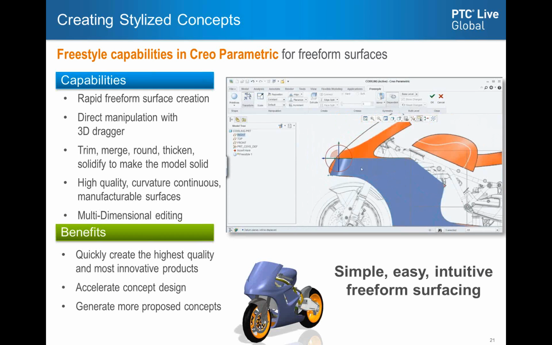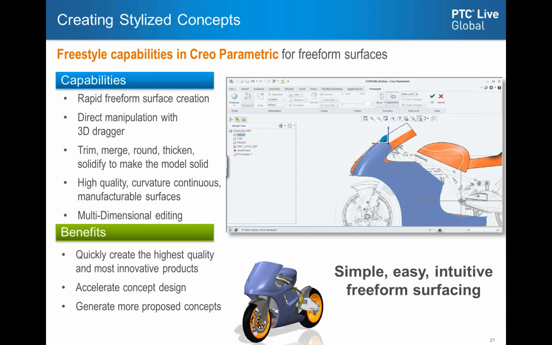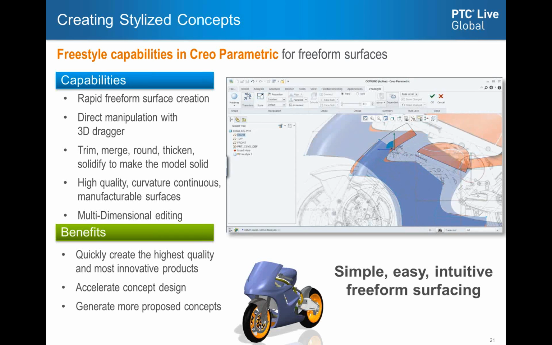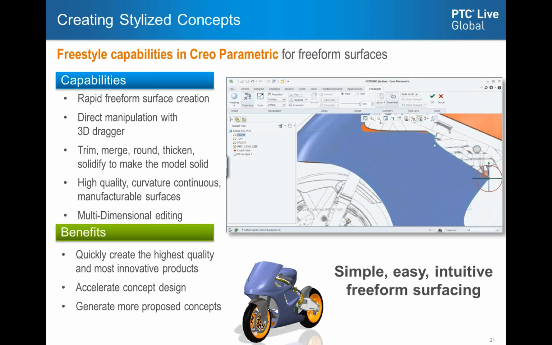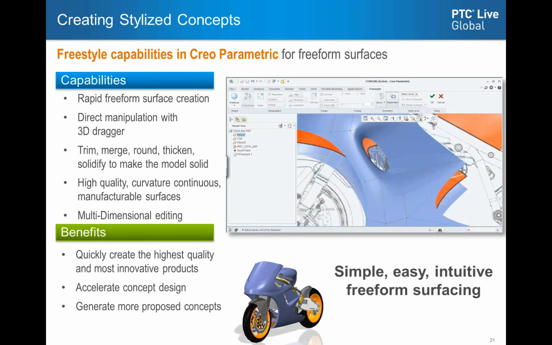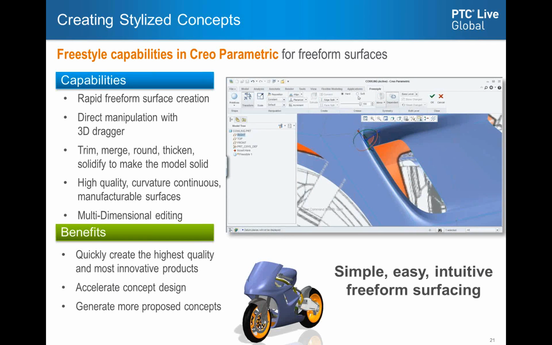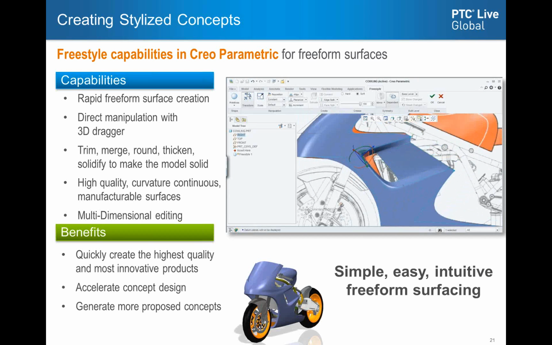In this example, I'm just generally laying out the patch structure. I'm extruding the control mesh to give the shape that I'm after with an intuitive 3D dragger. It allows me to very quickly define that overall shape. Once I've got my control mesh defined, I can further manipulate and refine it. In addition to that, I can also put creases in my geometry, whether hard creases or soft creases.